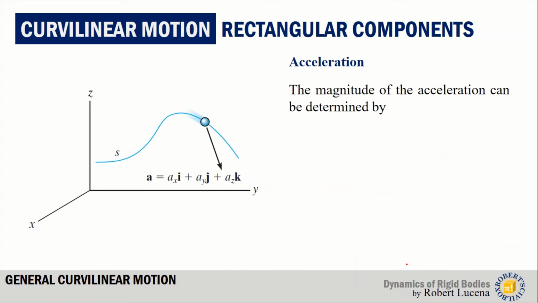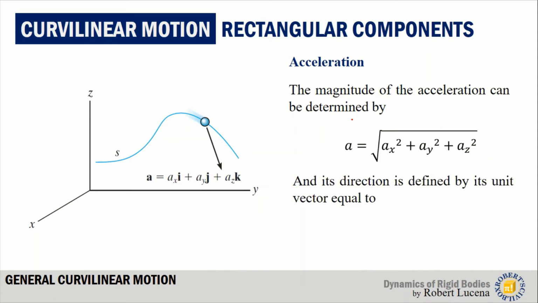And the magnitude of acceleration can be determined by, if we have the x component of acceleration, y component of acceleration, and z component of acceleration, we can get the magnitude of the acceleration by performing the Pythagorean theorem.